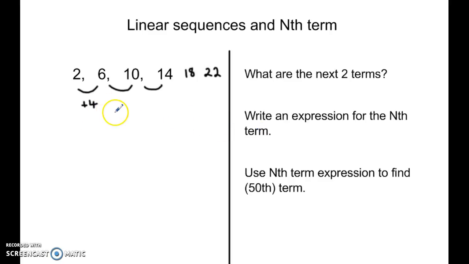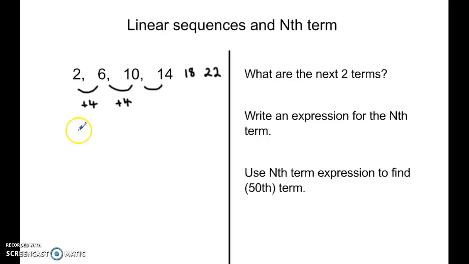We've already identified that our sequence is going up by 4 from one term to the next. So what do we know that also goes up by 4? It's the 4 times table, isn't it? The 4 times table goes 4, 8, 12, 16.